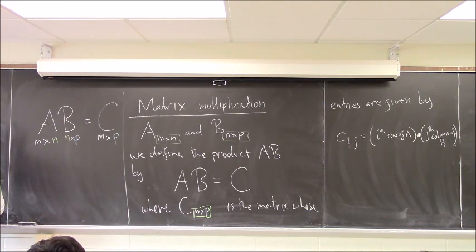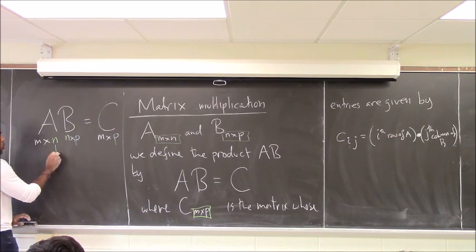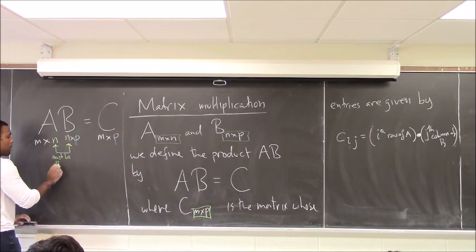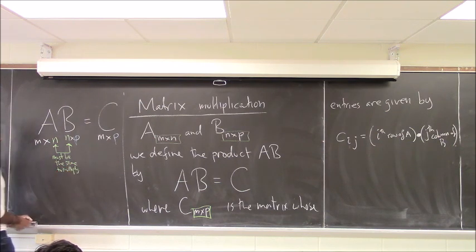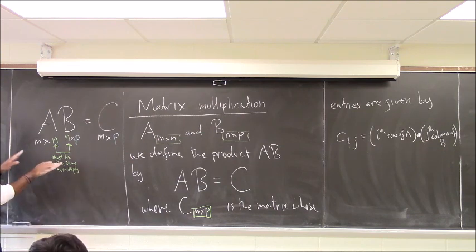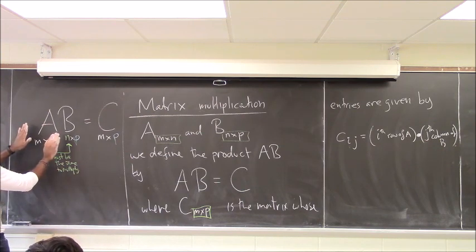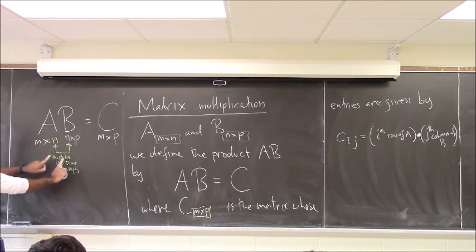So here's how you can tell that you can multiply two matrices. When you put them side by side, the inner numbers must be the same to multiply. When you write down the size of the matrix, if you write it in the order in which you want to multiply them, the inner numbers must match up. If they don't match up, the multiplication is undefined.